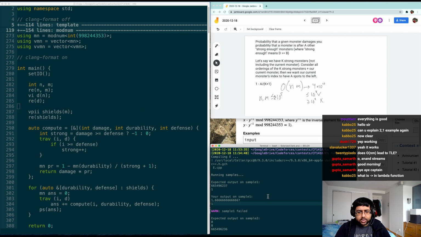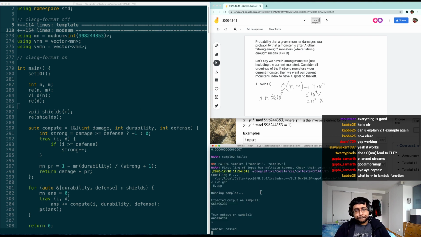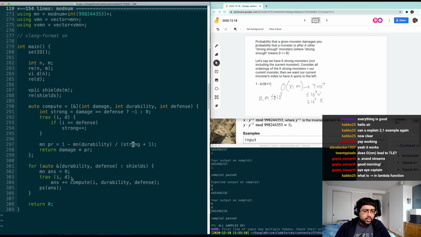So let's go back to using mod nums and check. Okay, cool. So this solution's correct. Also, the way that I wrote this solution is actually O of n times m because I have this loop and then this loop, but we can easily optimize that out.